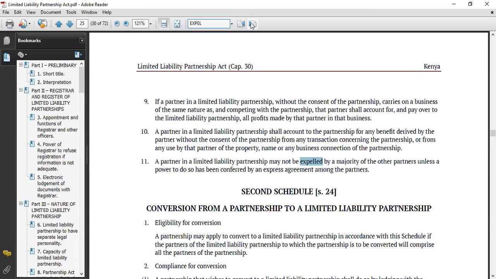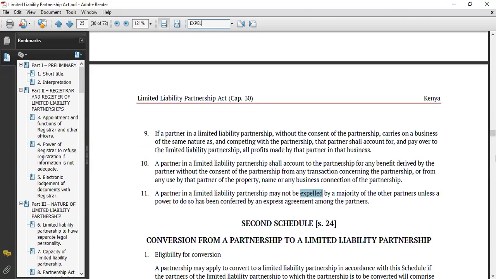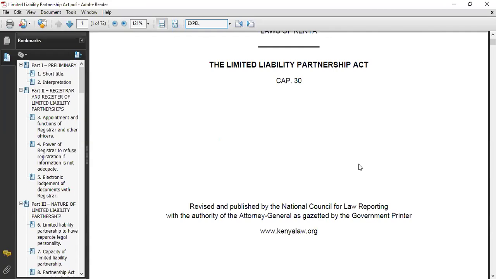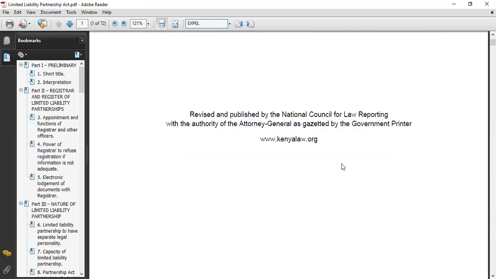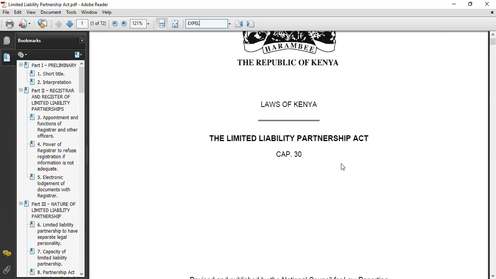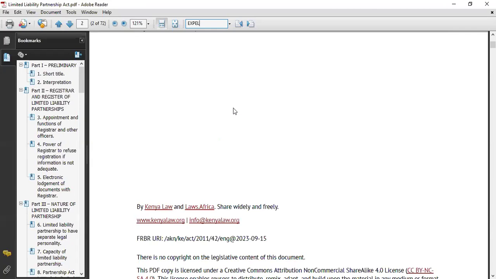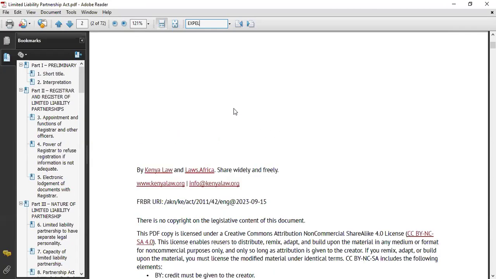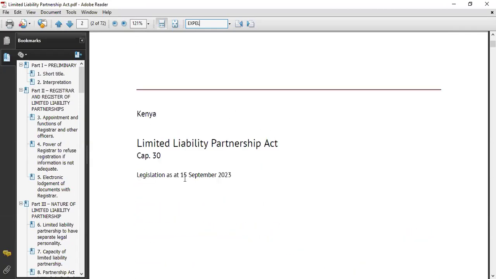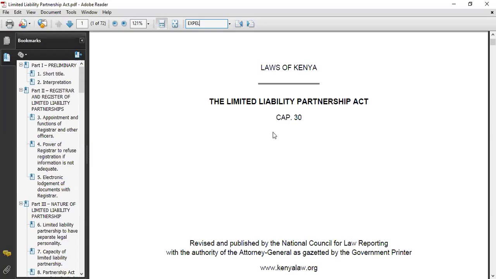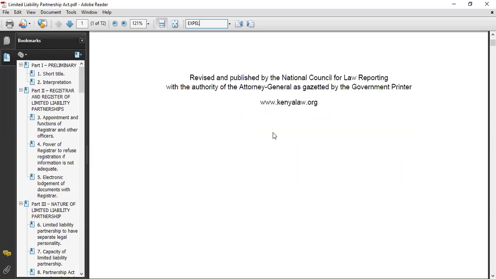This is the latest. You go to the Kenya Law website and download the latest. Registration as at 15th September 2023. Sort of not downloading.